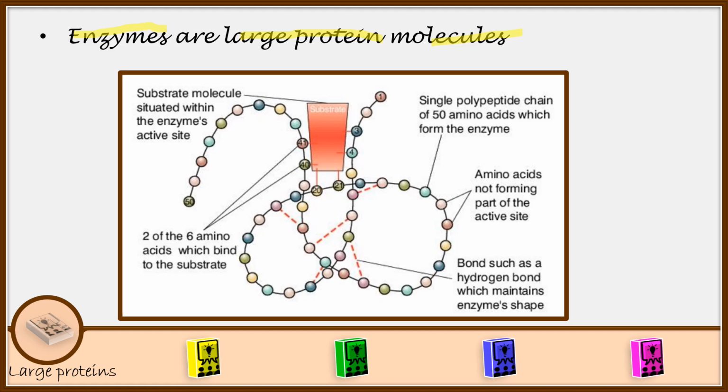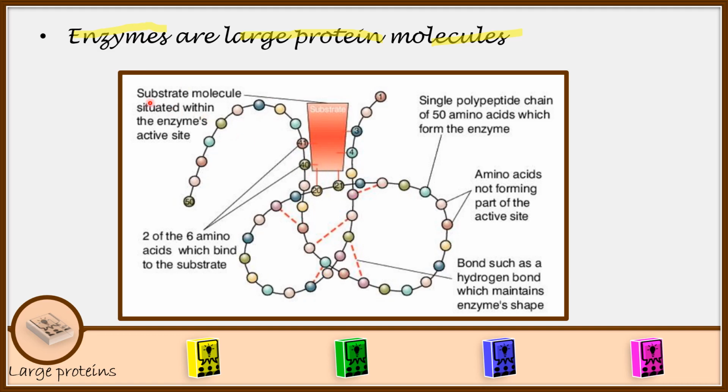For example, if we look at our enzyme here, this enzyme is made up of 50 amino acids. All these 50 amino acids join up together, but only very few amino acids are going to participate in the reaction.